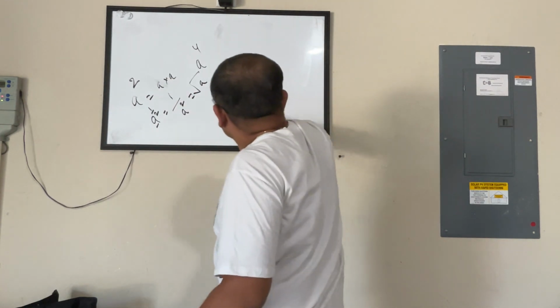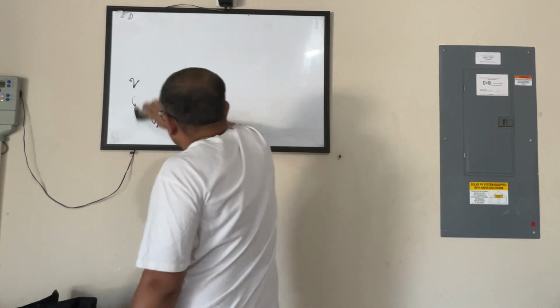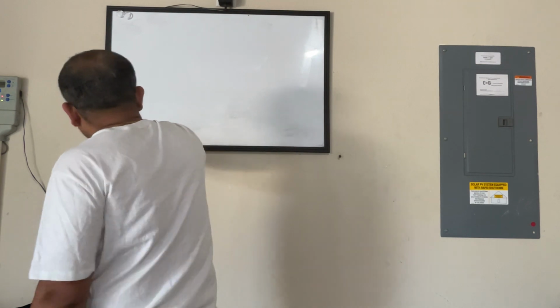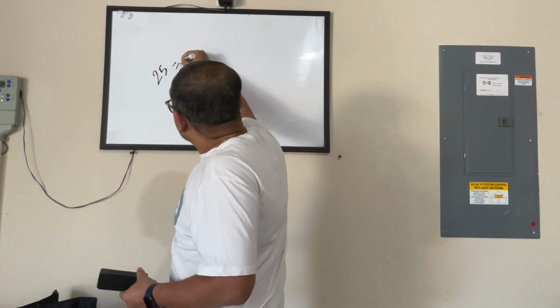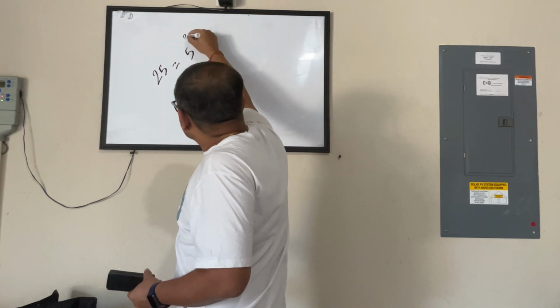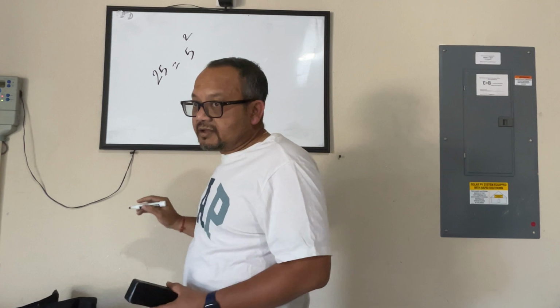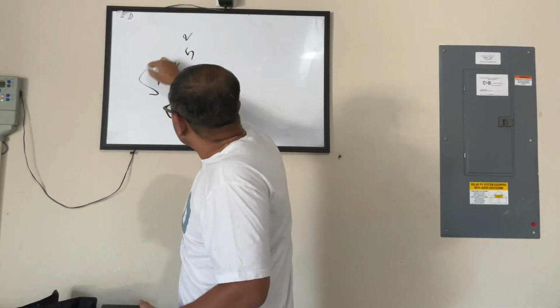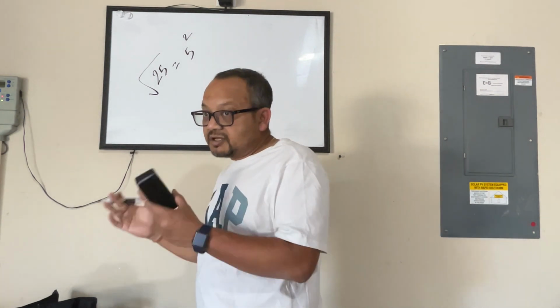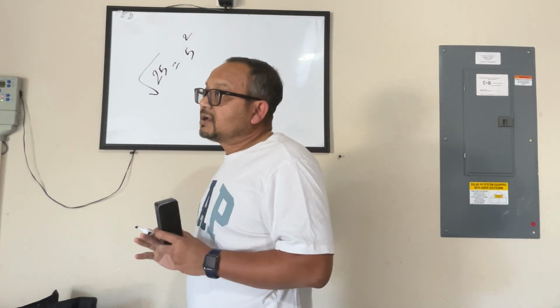Now, first of all, what is meant by square root? 25, I can say, is 5 square. Okay? Or if I do a square root of 25, that means something.